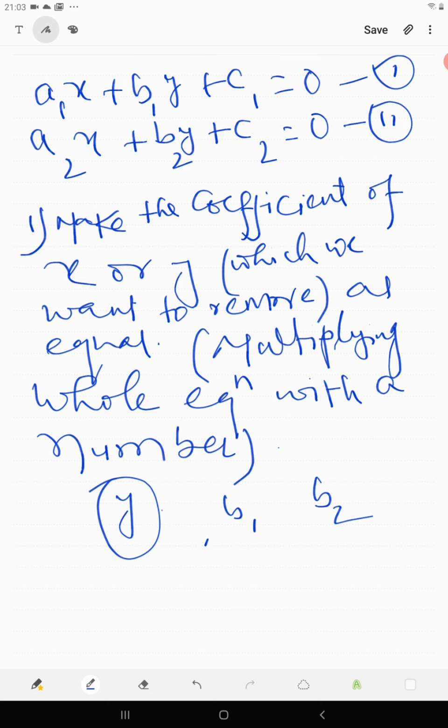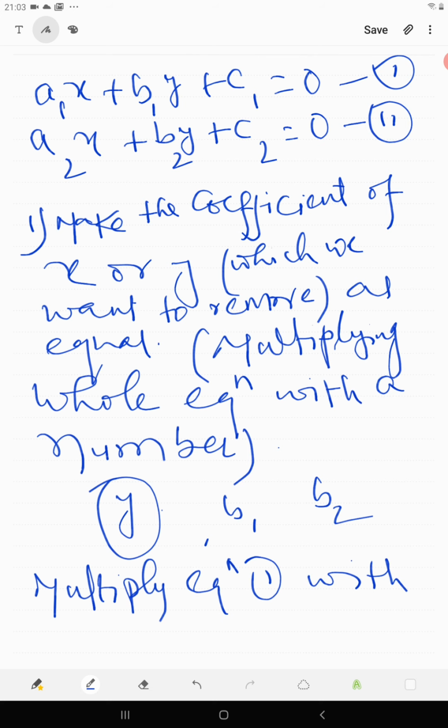So we multiply equation 1 with b2 and equation 2 with b1.